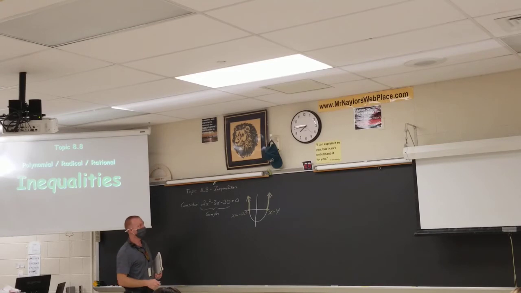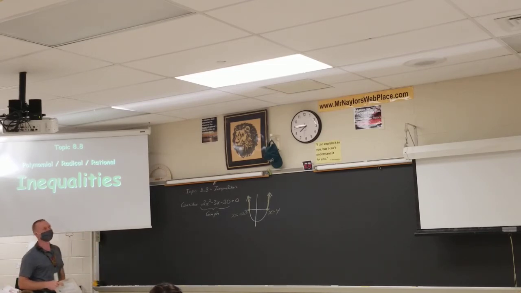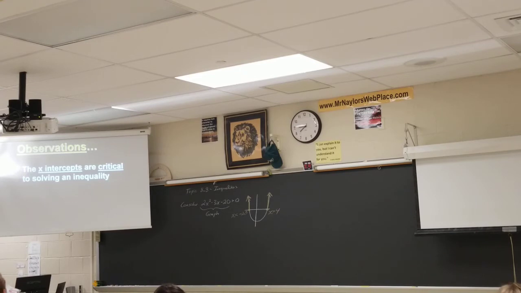But there's a little more to this. You see, this graphing method was to get us to realize that the x-intercepts are literally critical. In math, when we use the word critical, that doesn't just mean super important.